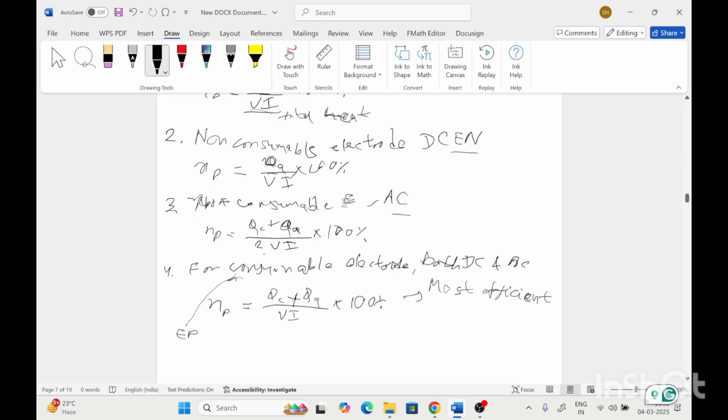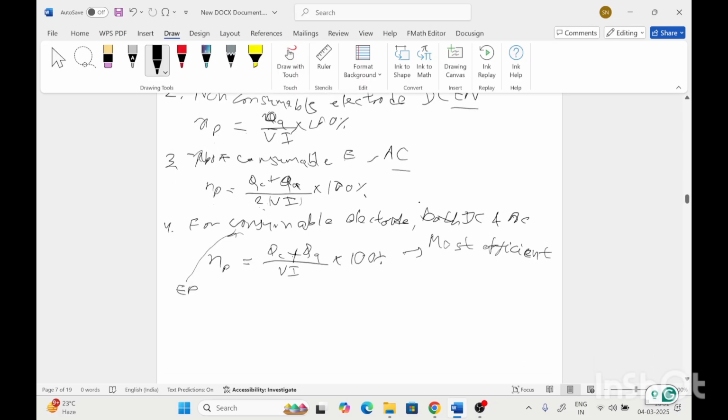For a non-consumable electrode where AC current is supplied, heat efficiency can be written as QC plus QA divided by 2 into VI. So this is higher than the direct current non-consumable electrode.